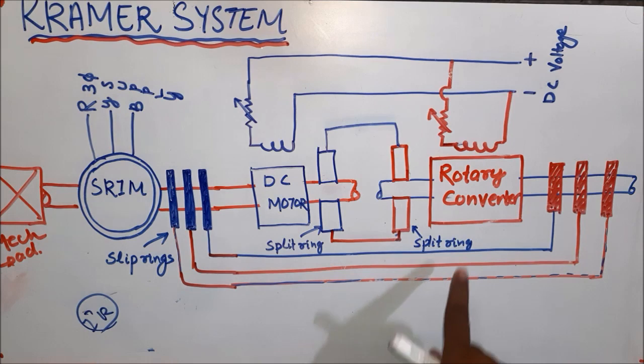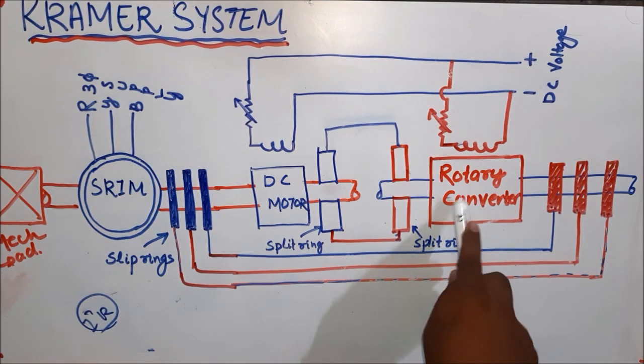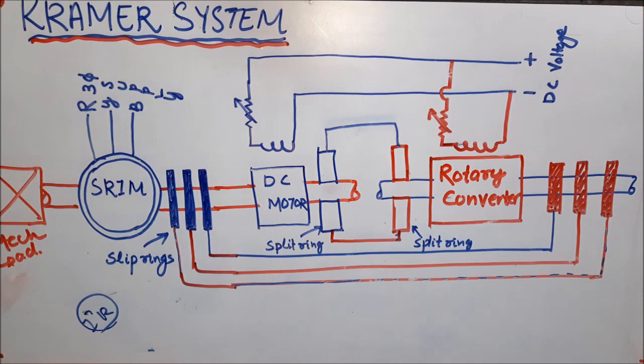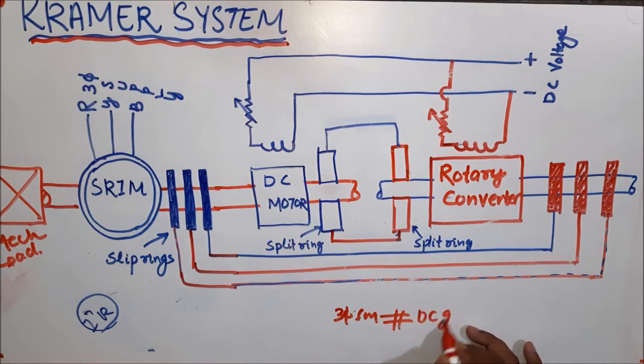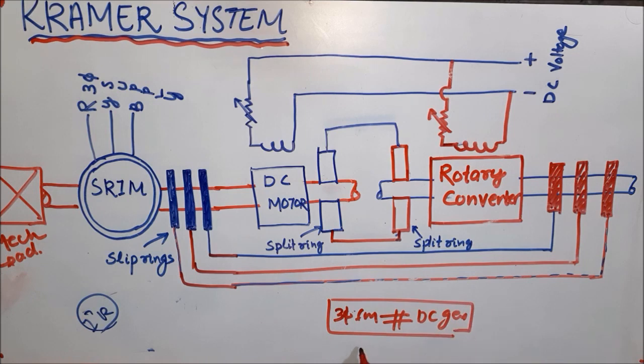But why do we say it is a rotary converter? This is not made up of any solid state device. We can say this is a motor generator setup, or for example, this is a three-phase induction motor and the shaft is connected to a DC generator, and this combined together is called a rotary converter.